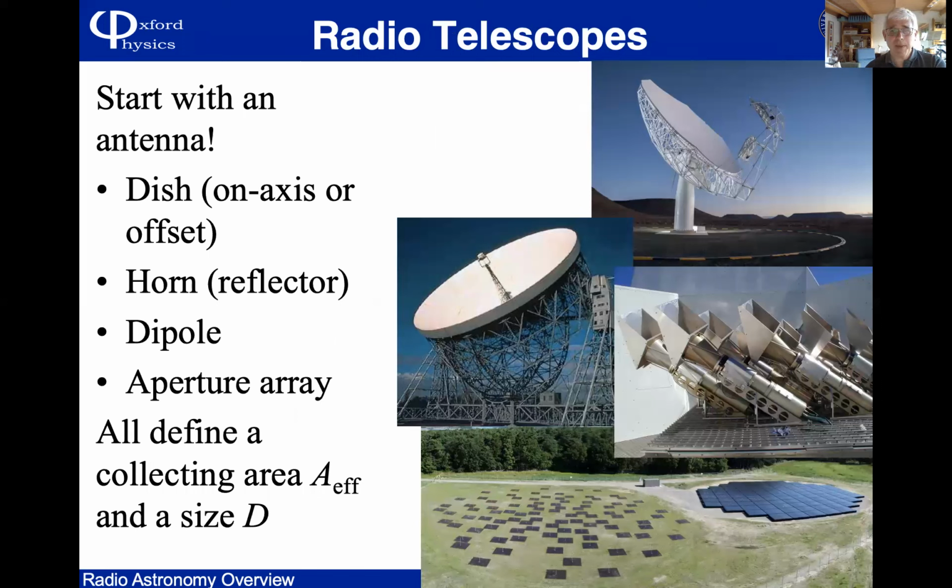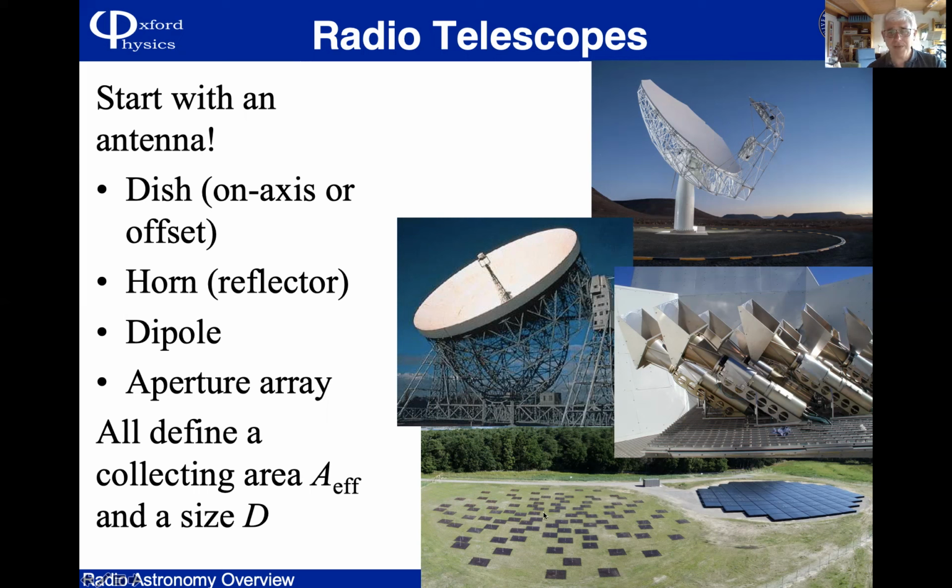We'll talk quickly now about how we look at these radio waves. So radio telescopes obviously start off with an antenna. There's the classic radio telescope view, which is the dish antenna of various sorts, where you have a metal parabolic reflector focusing the radiation to some kind of focus. But there are also what are called horn antennas, which may have a reflector on them, which are essentially flared waveguides.